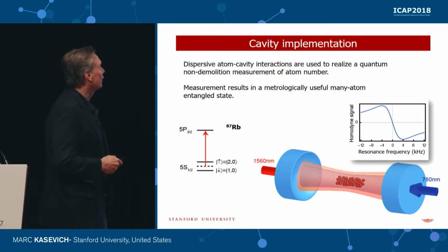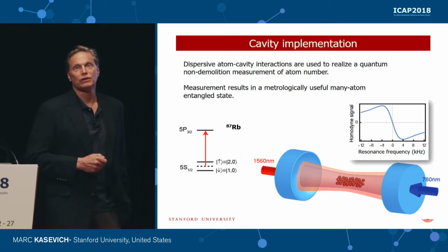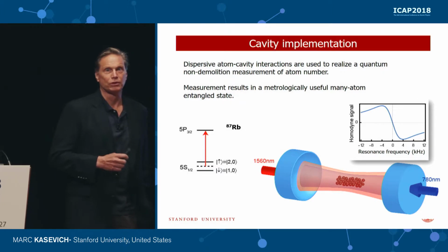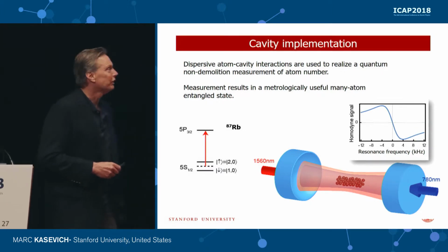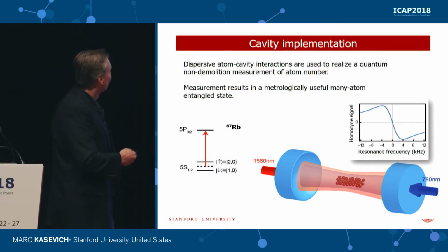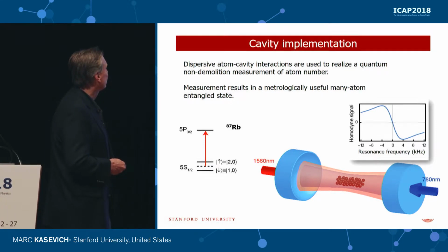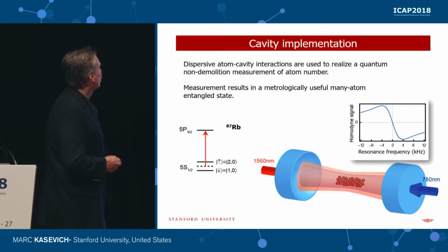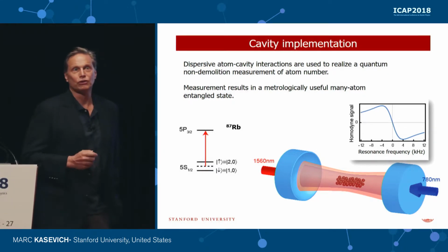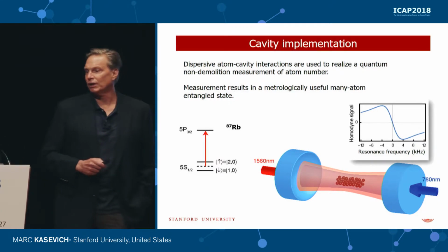And this represents itself as a shift in the resonance frequency of the cavity when the cavity is probed by quasi or nearly resonant light. So here's the level diagram. And so here are the two states of metrological relevance. And then there's also a third optically excited state that's used to do the non-destructive probing.